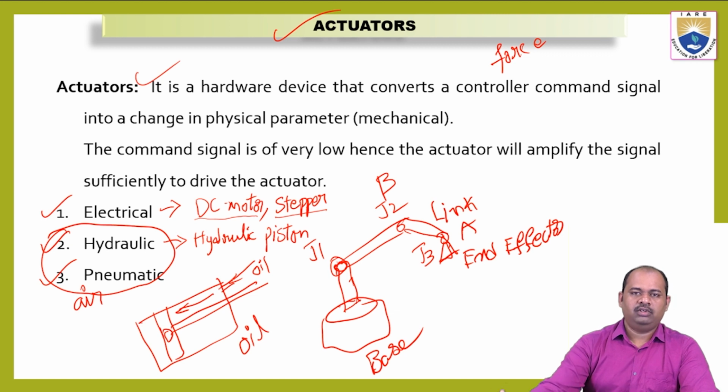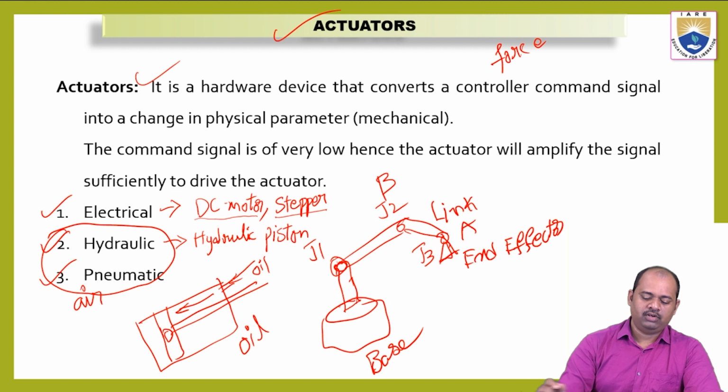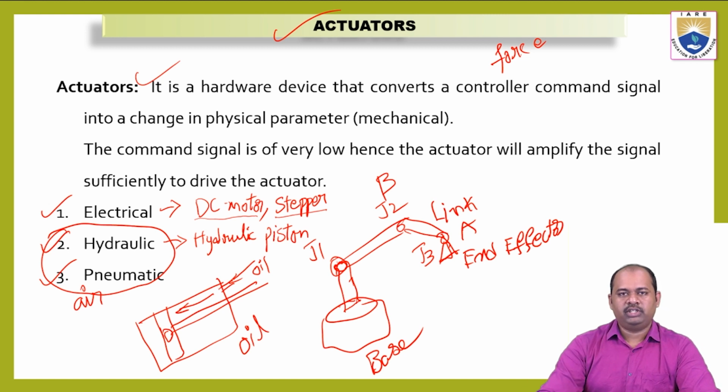Whereas in hydraulic systems, the failure is very less and they can carry more weight when compared to pneumatic. So hydraulics are the best, which is why hydraulics are mostly used in earth moving machines, like JCB machines, where we will use hydraulic oil only. There we will use hydraulic actuators.